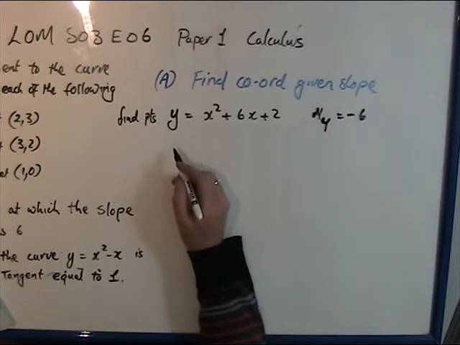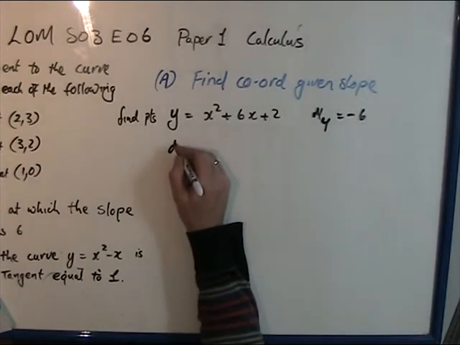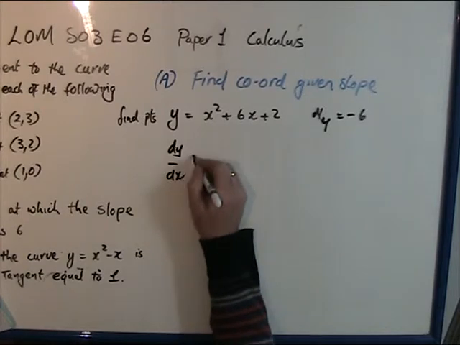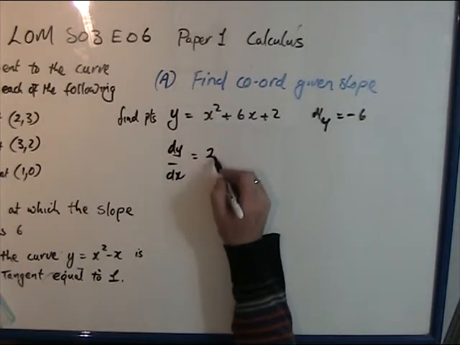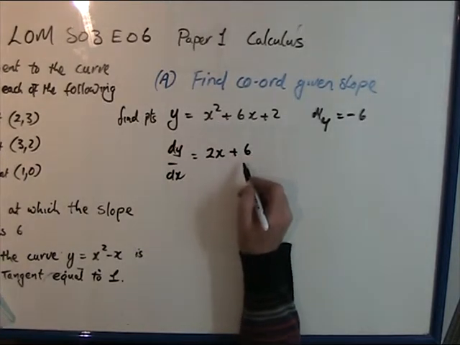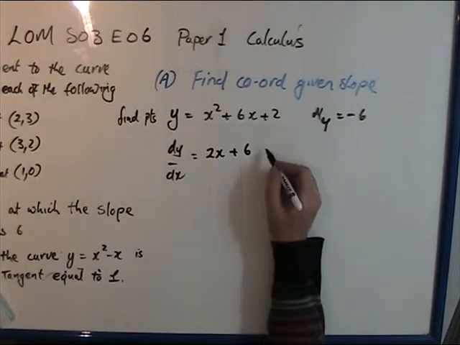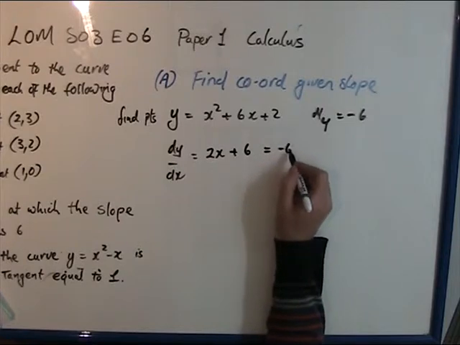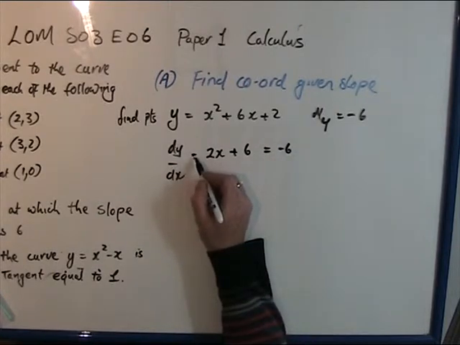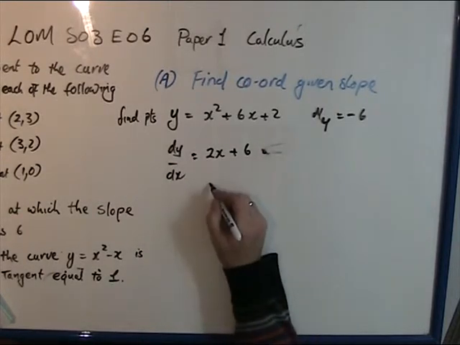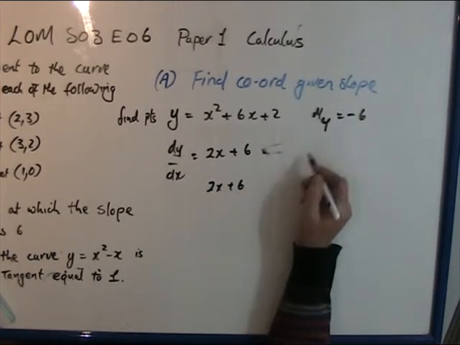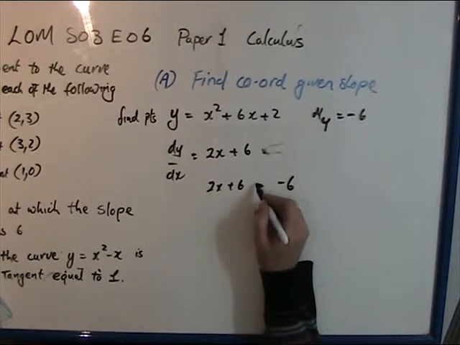Right, so first of all we have to get dy/dx. dy/dx is equal to 2x plus 6. So when dy/dx is equal to minus 6, you see what I'm doing here? So 2x plus 6 and the slope is equal to minus 6.